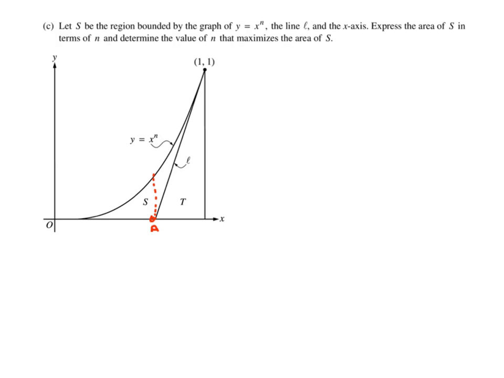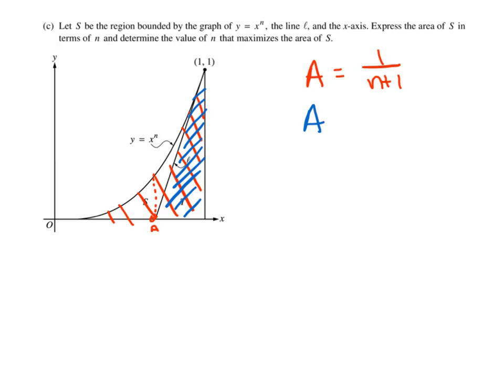What I want you to do is say, okay, in part A, we found all the area underneath the curve, right? And we said everything underneath the curve had an area of 1 over n plus 1. And then in part B, you found the area of the triangular region, right? And we said the area of that triangular region was 1 over 2n. Well, guess what?